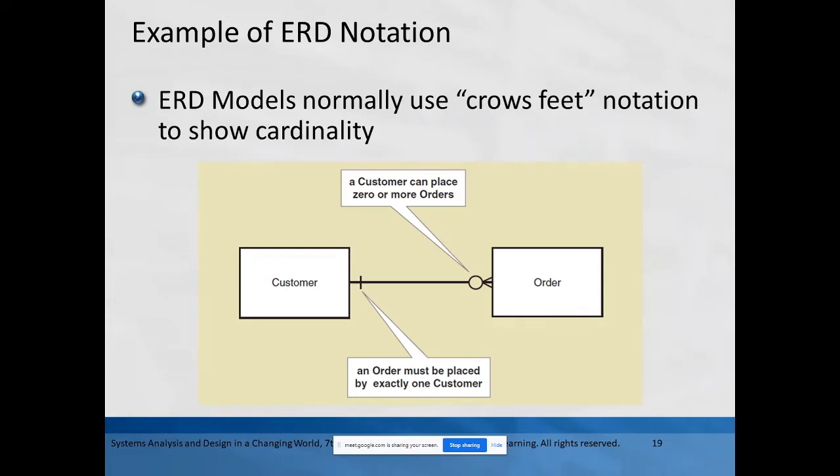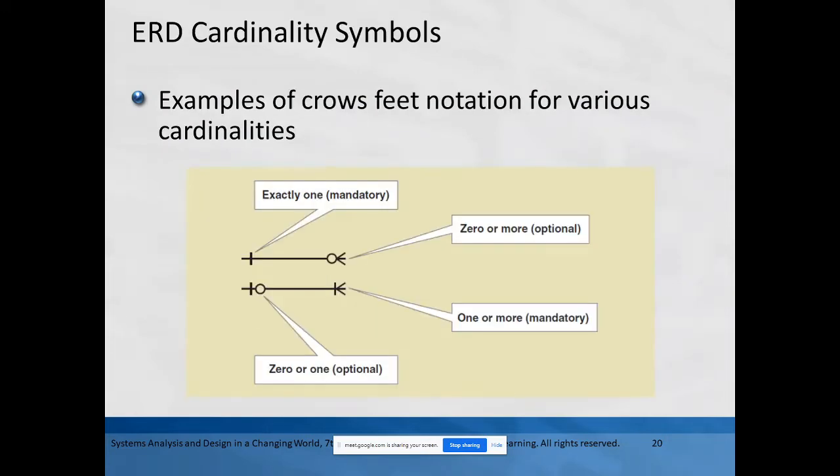If there is an optional relationship there, like a customer may not have any orders, you can also put that circle in front of the crow's foot to indicate zero or many. But you have to have exactly one customer if you have the one side going over with the slash there for customer. So you saw all of this in the example that I gave.